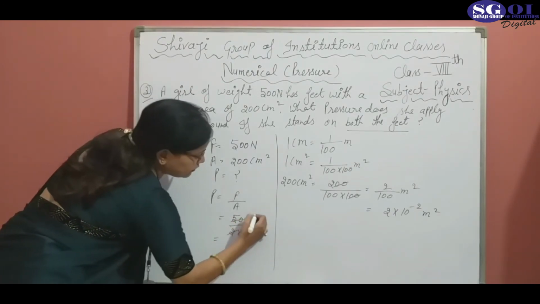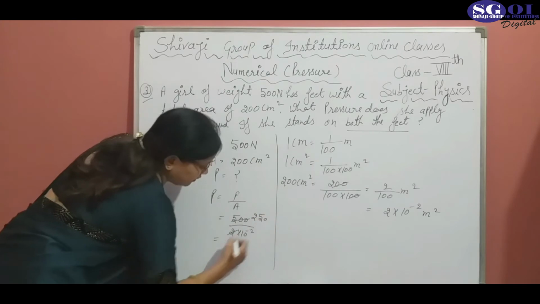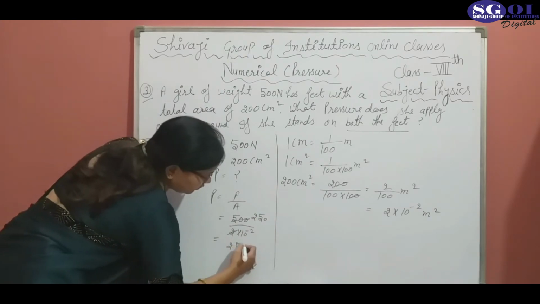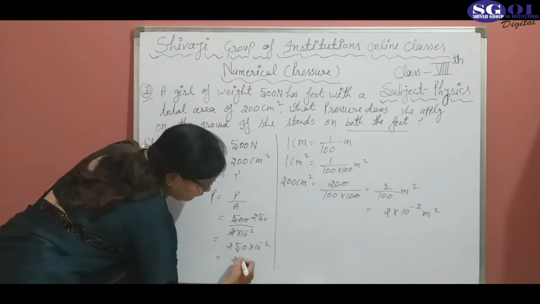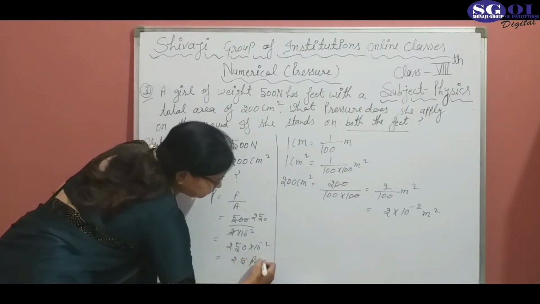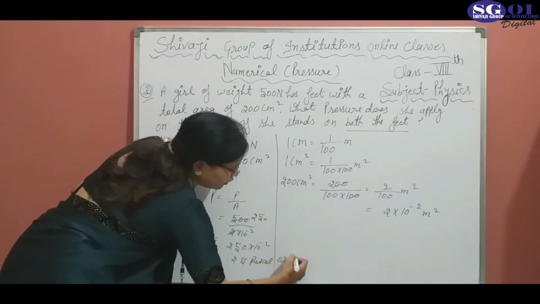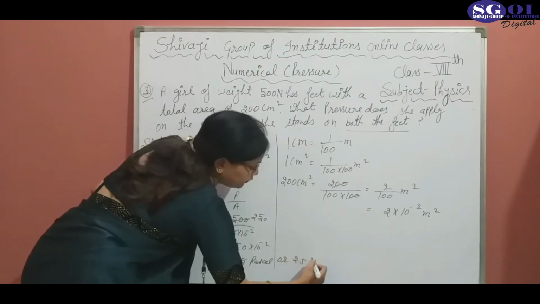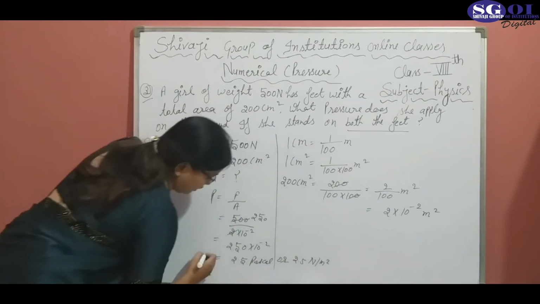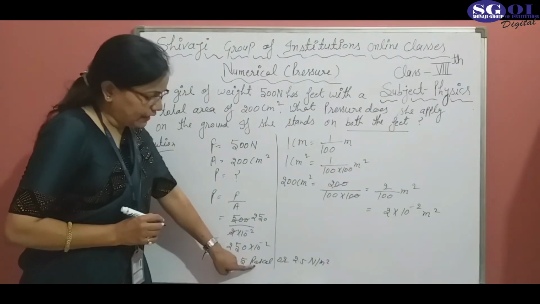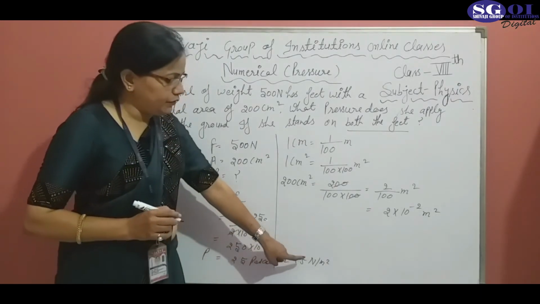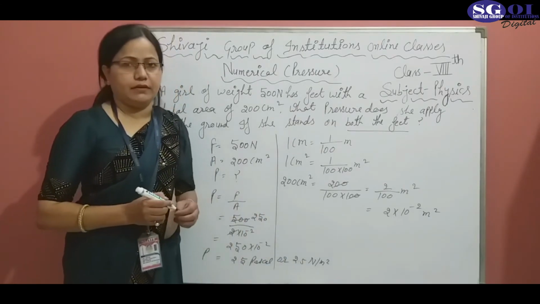Student, after solving, we get 2.5 Pascal or 2.5 Newton per meter square. So pressure will be 2.5 Pascal or 2.5 Newton per meter square.